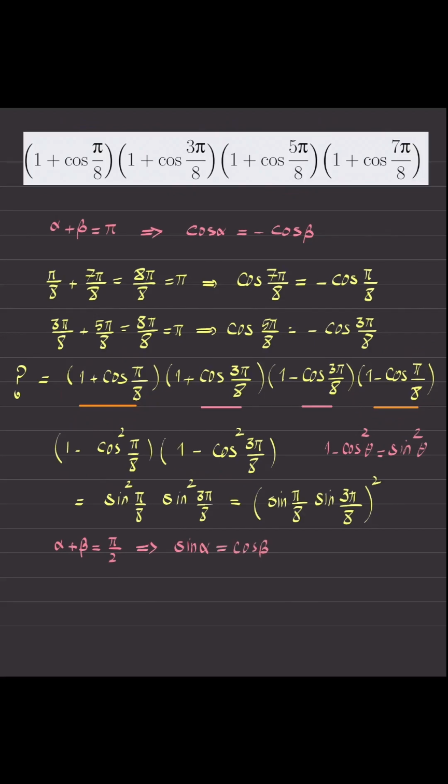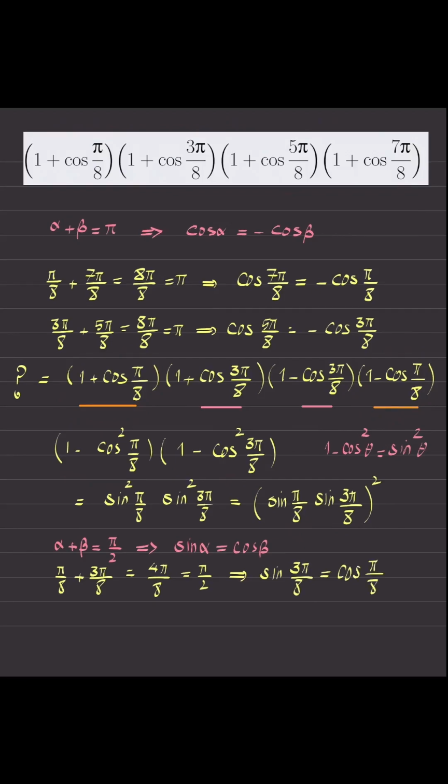And now look, this angle that you have here, pi over 8, and this angle are complementary. Why? Because if I add pi over 8 to 3 pi over 8, the answer becomes 4 pi over 8, and that is exactly pi over 2. So sine of 3 pi over 8 can be written as cosine of the other one, which is pi over 8.